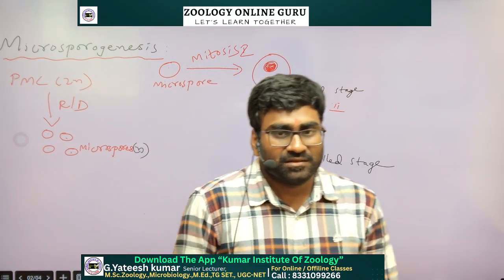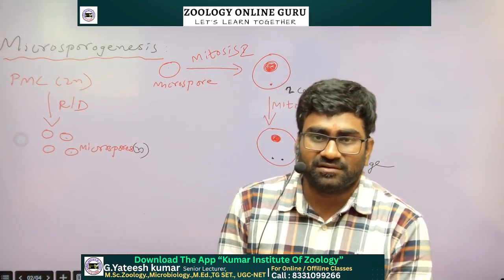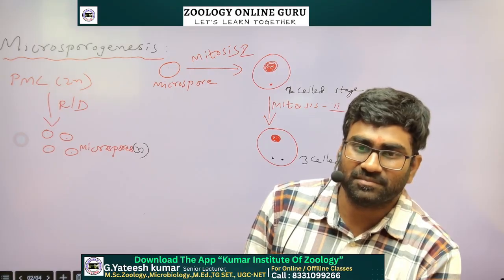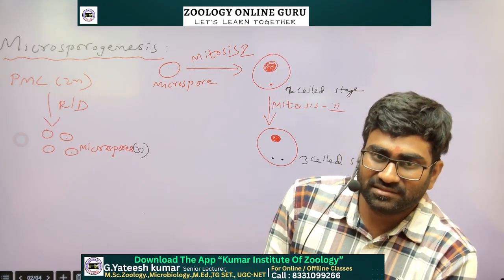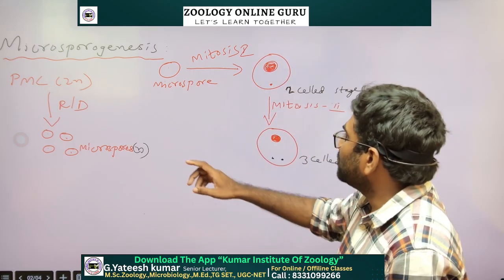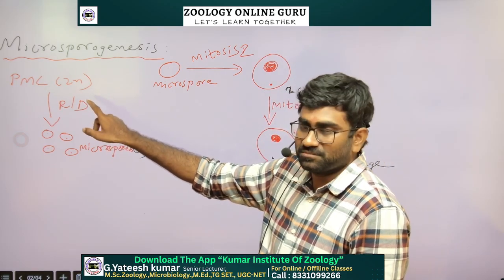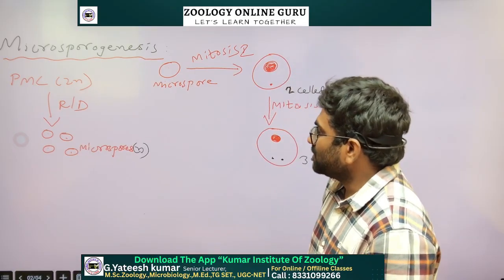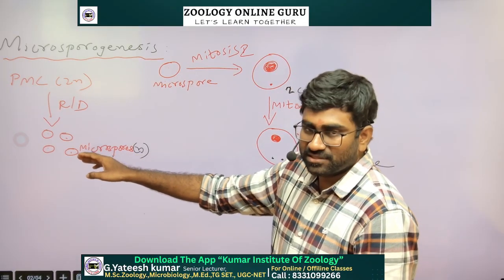Microsporogenesis is nothing but the formation of microspores from the microspore mother cell. As the anther develops, each sporogenous cell undergoes meiotic division, that is a reduction division, to produce microspores. All the microspores are functional in nature.